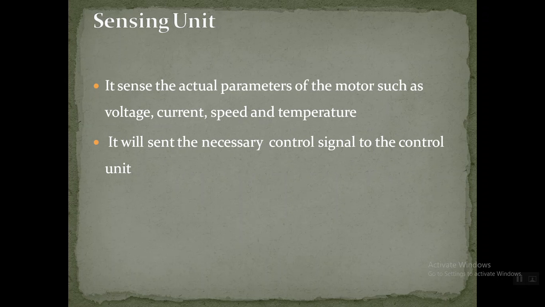Then about the sensing unit. The sensing unit senses parameters such as voltage, current, speed, temperature, torque, and position sensors are also available. Normally we have voltage sensors and current sensors. For sensing speed we use a tacho generator, and for temperature we use a thermistor.